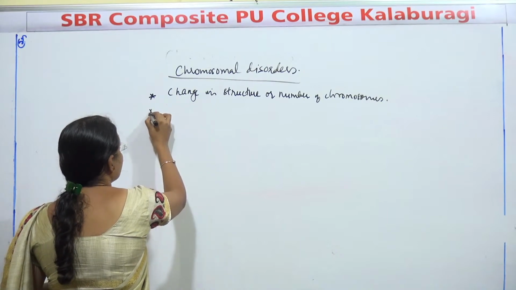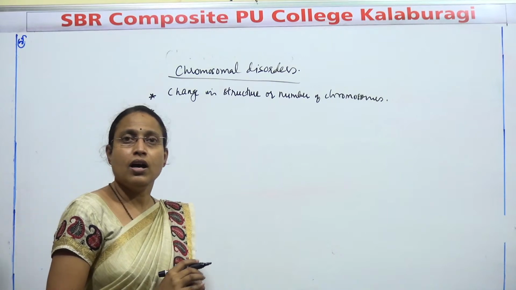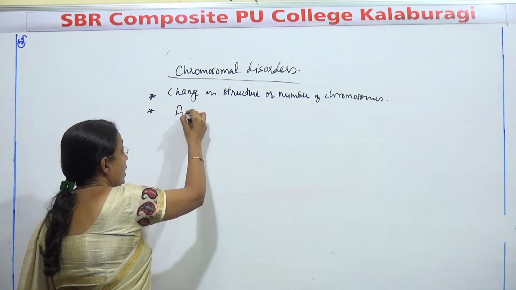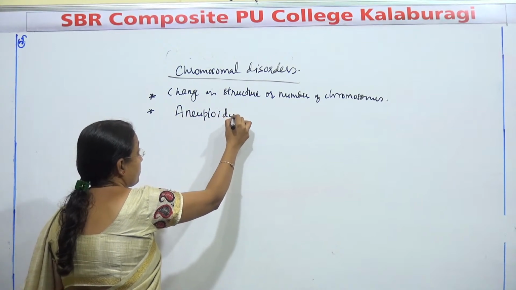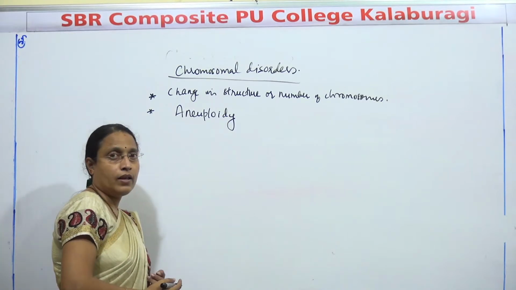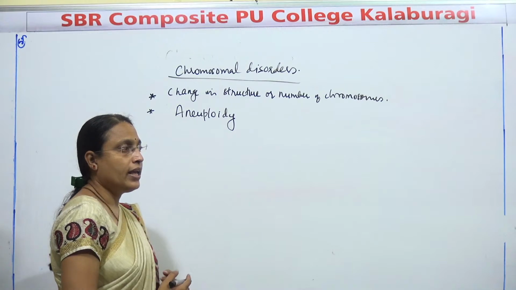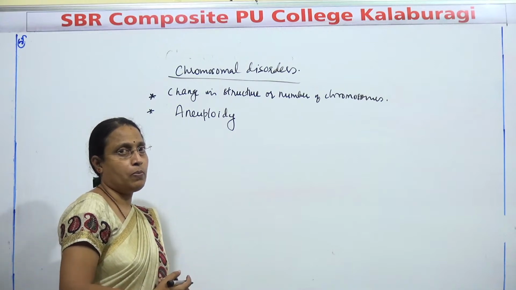So there is a change in chromosomes. Why do chromosomal disorders occur? There are two main reasons. One is aneuploidy. This is the main reason for chromosomal disorders. What is aneuploidy? Presence of an extra chromosome or absence of a chromosome, missing chromosomes.